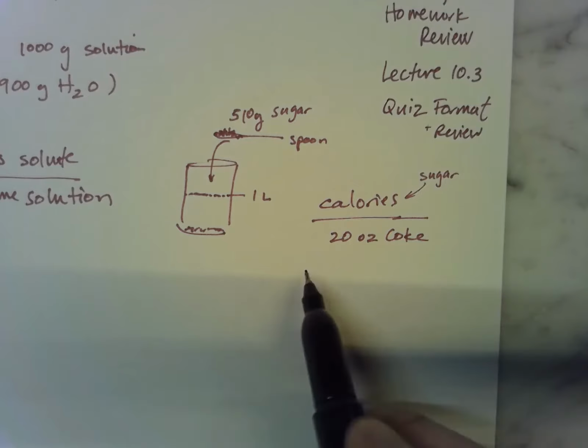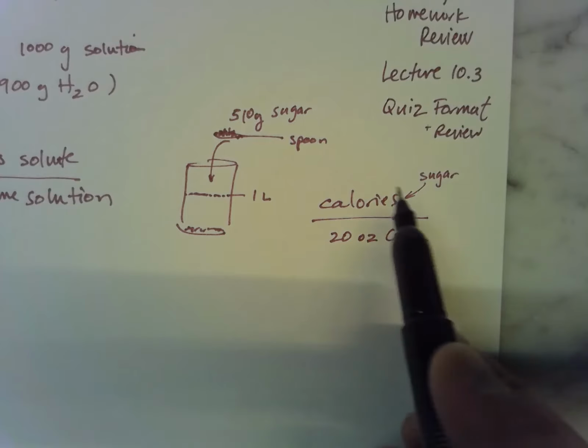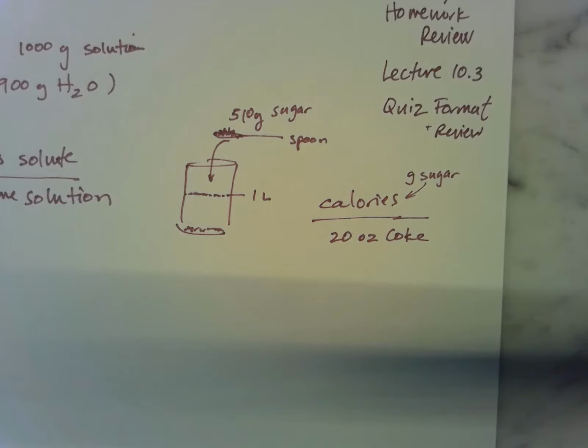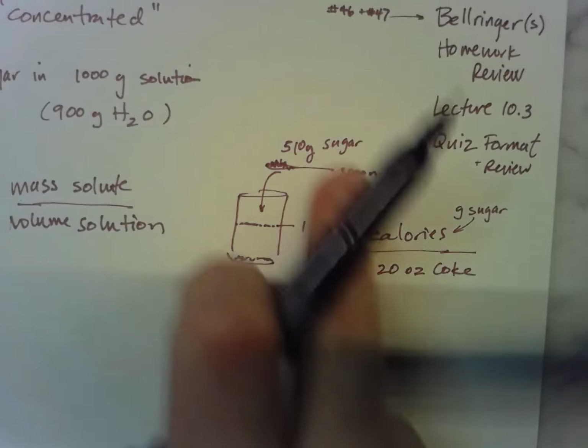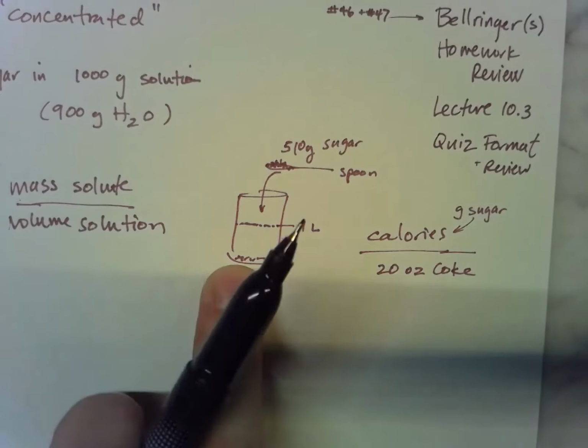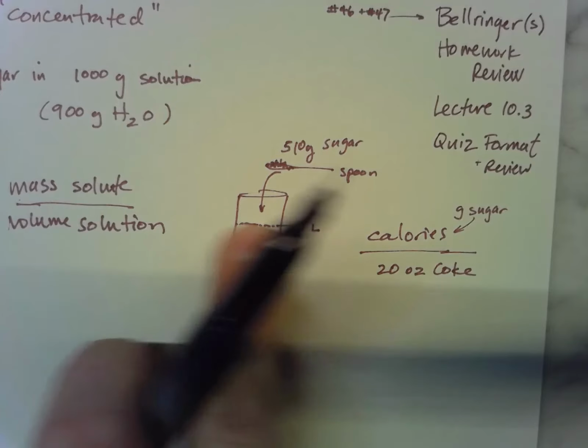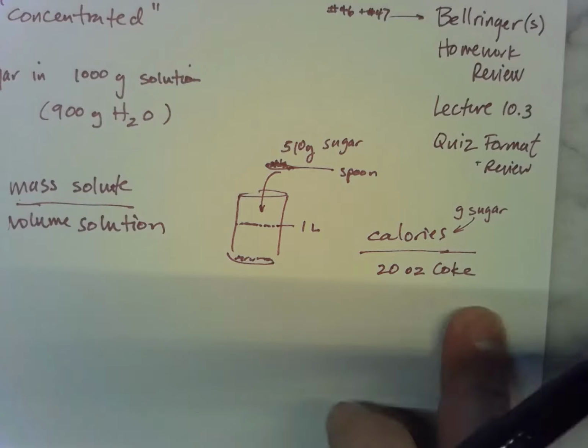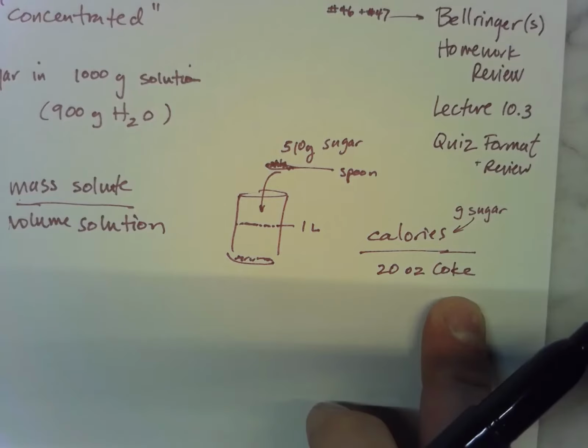So you want to know 20 ounces of Coke gives you X number of calories or X number of grams of sugar. Okay? So it's kind of a two thing. It makes the solutions a little bit easier to prepare, if you're filling to that, and then it makes it easier to deliver very specific amounts. All right.